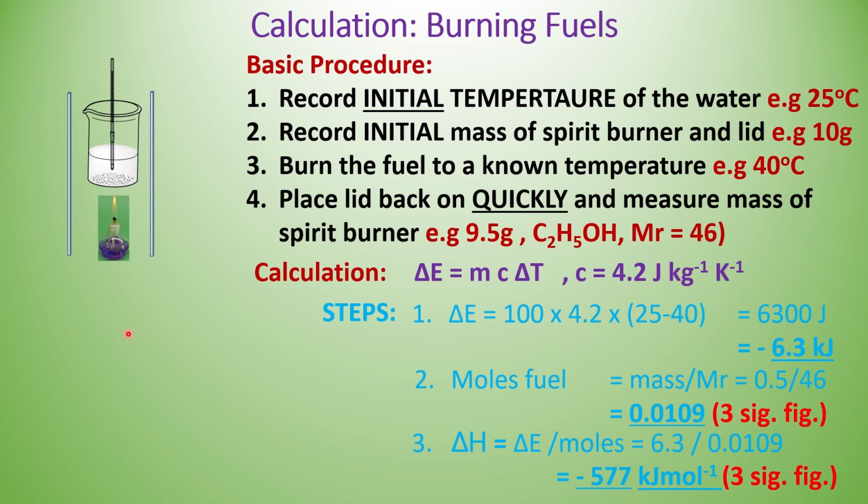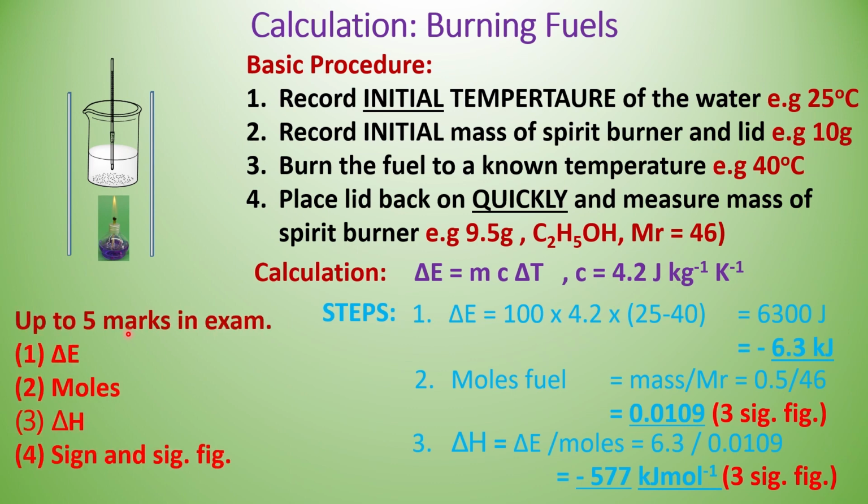And this is worth 5 marks. Delta E, obviously, using the equation. Moles, obviously, using the equation that you've been taught, mass over Mr. And the difference between delta E and delta H is that it will be just divided by moles. A crucial step that a lot of people miss out. And a lot of people miss out the sign, which is why if you use the IF rule, the sign comes in straight away in the first place, so you don't forget to transpose it back into the final answer.